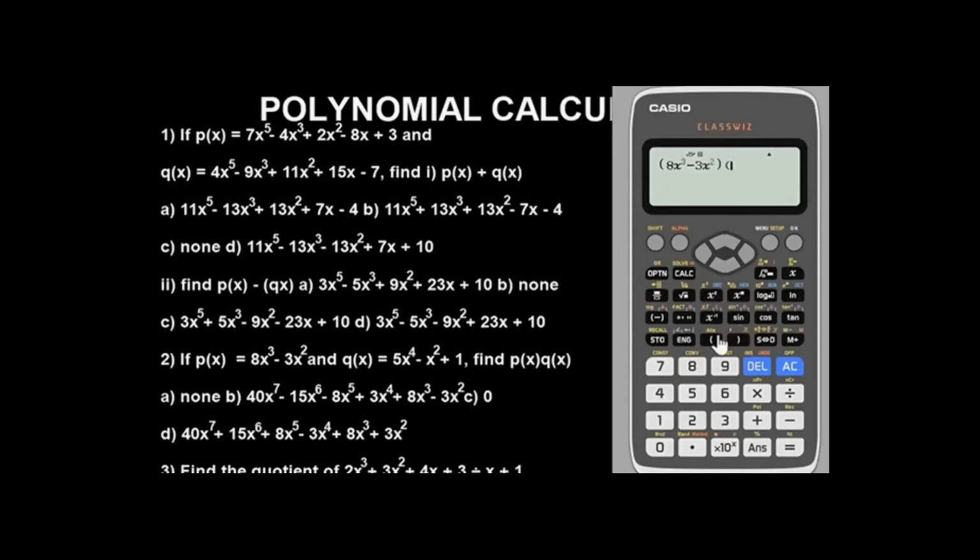Open another bracket, since it's a product, 5x raised to power 4, minus x squared, plus 1, close the brackets. Okay guys, we are done.